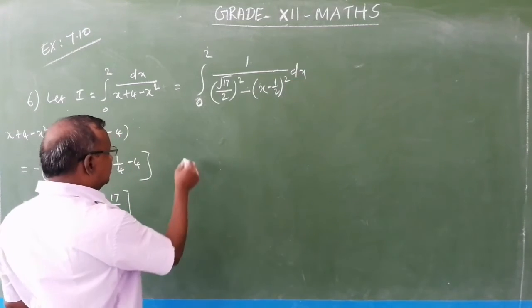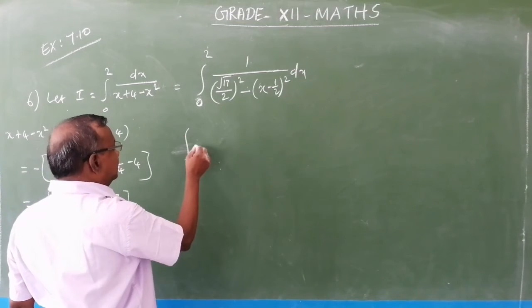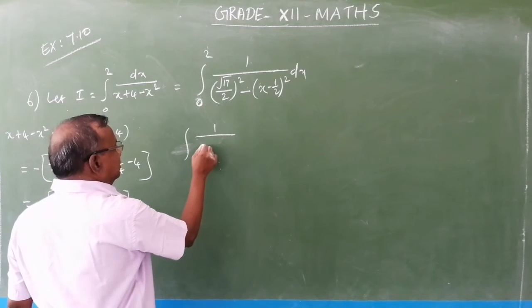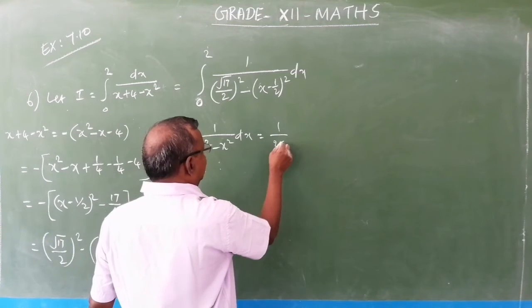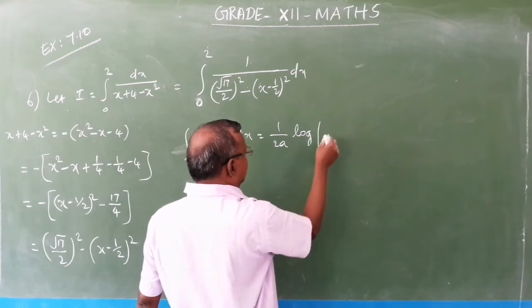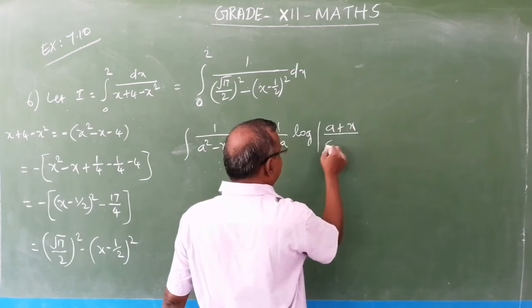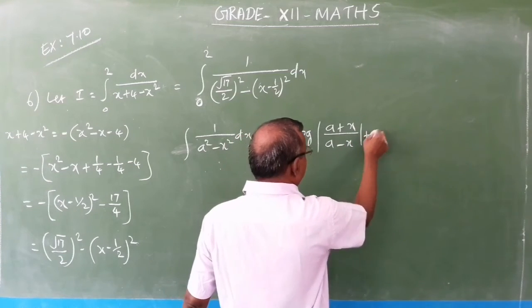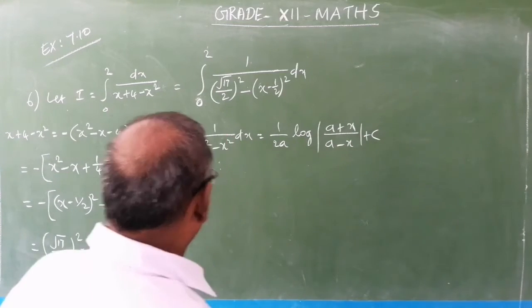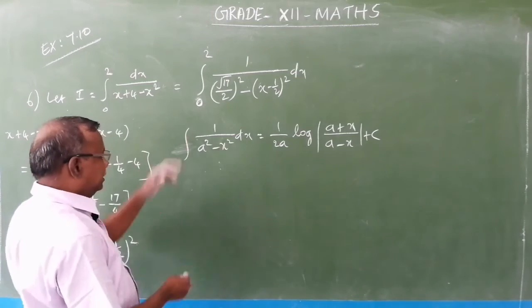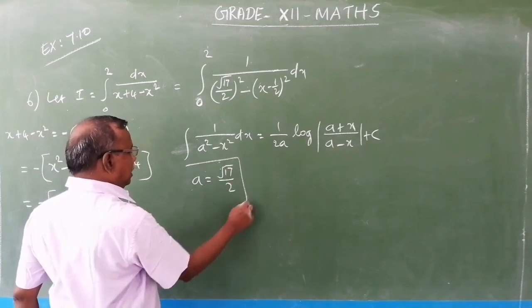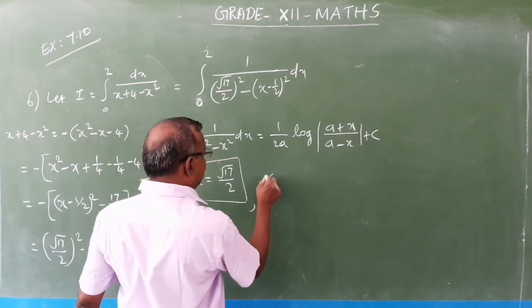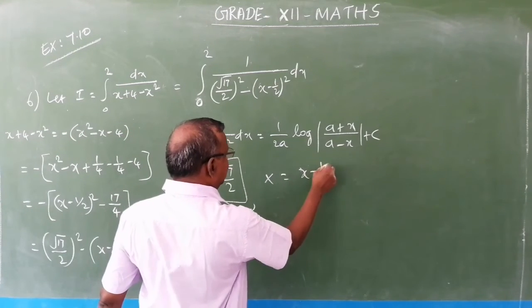Now, the formula we have: integral of 1 by a square minus x square into dx equal to 1 by 2a into log of modulus of a plus x divided by a minus x plus c, and substitute here a as root 17 by 2 and x as x minus 1 by 2.